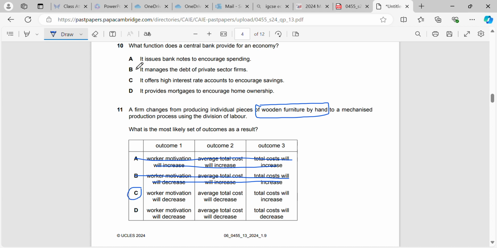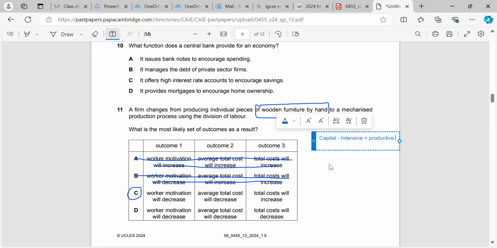And why is that? When we move from labor intensive to capital intensive, methods of production tend to be more productive, right? And if we become more productive, that means that we're making more output. But as we're making more output, our total costs will rise.